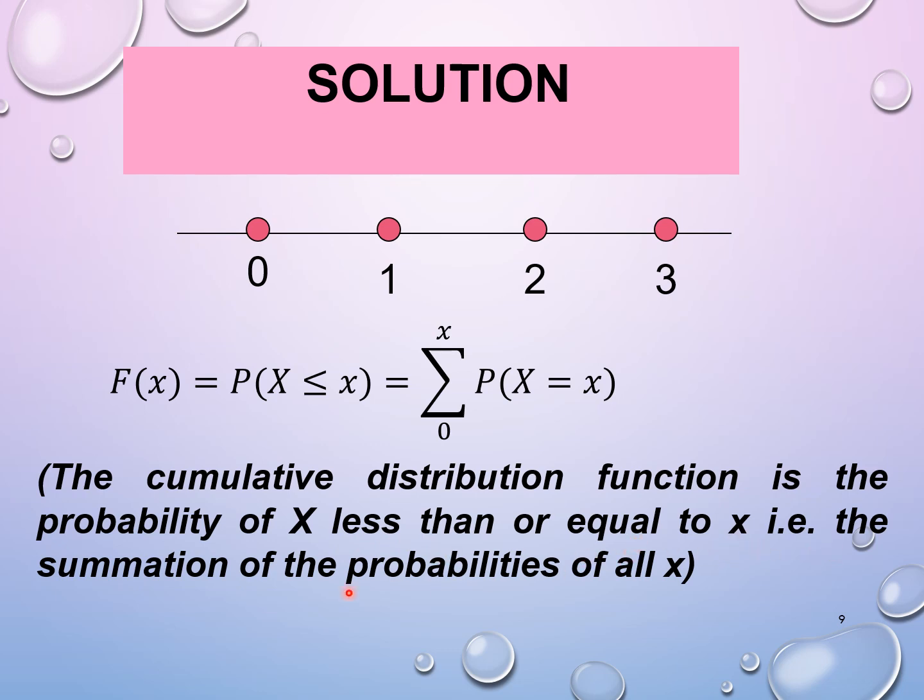In other words, the summation of the probabilities of all x. What it means here is that for the cumulative distribution function CDF, you need to start with the previous number. Let's say you have to find the cumulative of F(1). So you need to start from 0.